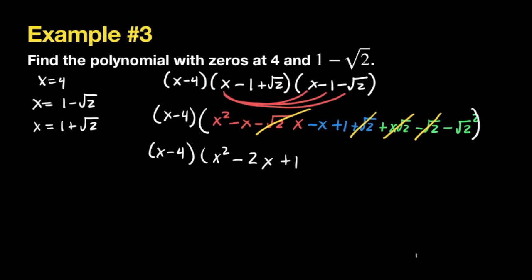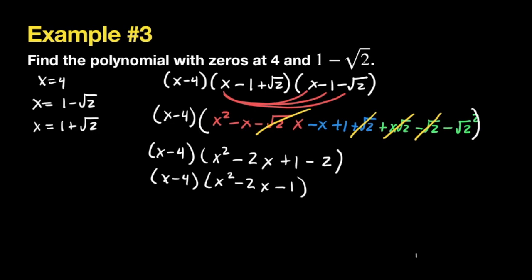And the negative square root of 2 to the second power is just going to be negative 2 because the square root is canceled with the square. Simplify again, x minus 4, x squared minus 2x minus 1.